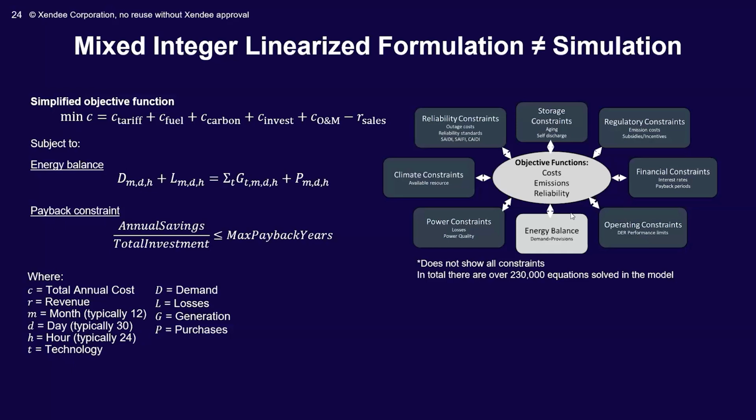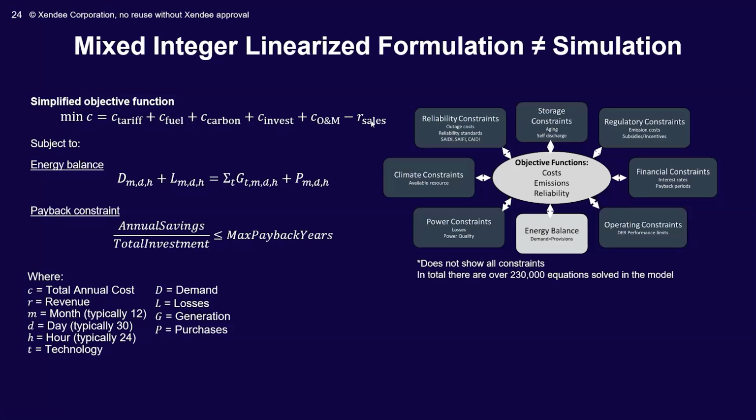Now what the tool is doing is trying to figure out what generation we have to install and how to run it to balance the system, and at the same time minimize our objective function, which means the costs: the cost for purchasing electricity, the tariff, the cost for purchasing fuel, the cost for carbon if we're in a carbon market, the investment cost for certain technologies, the operation and maintenance costs, minus what I'm selling back to the market, right?